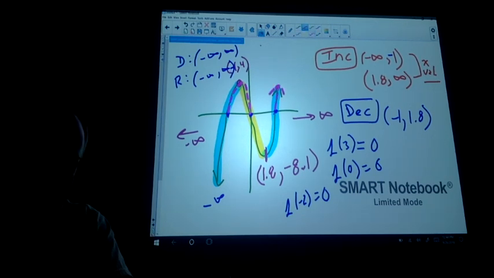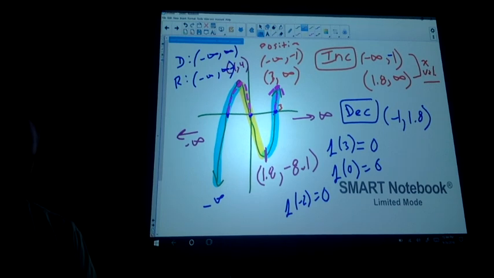So where is this thing positive? Well, it looks like from negative infinity to negative 1, and then from 1.8, or excuse me, that would be 2, 3, because that's a 3 right there. So from 3 to infinity. That's all I have for you.